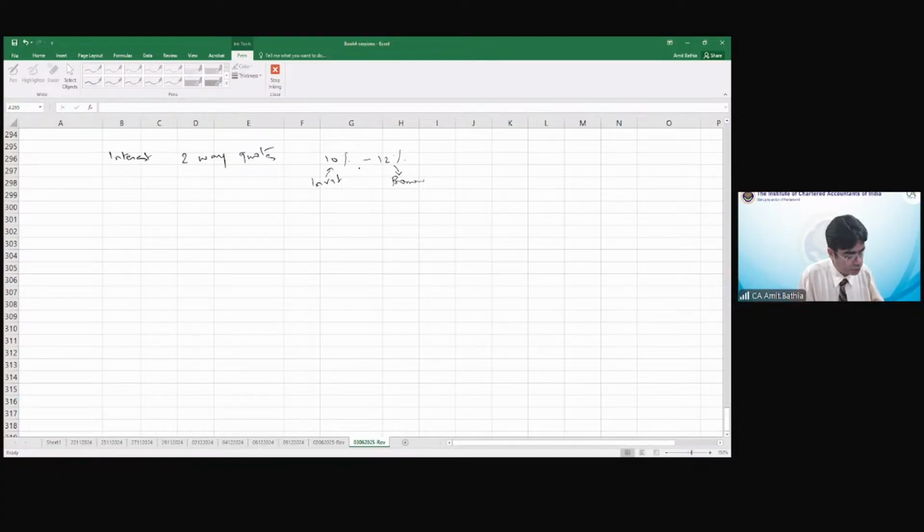Another aspect of interest is essentially going to come up when I have the case of comparison of my interest benefit either being provided to me by the banker, or when I'm comparing that with the one which is provided by my supplier, which we did in the leading and lagging question.